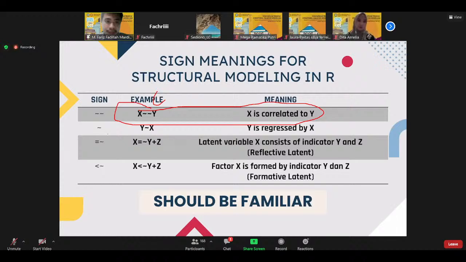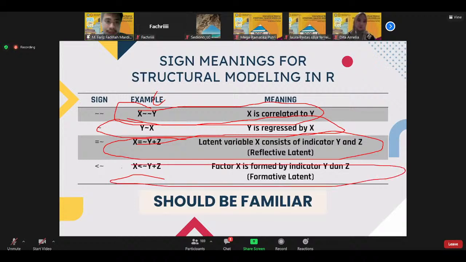And then this symbol means that Y is replaced by X. And the third one, latent variable X consists of indicators Y and Z, or reflective latent. And the last is factor X is formed by indicators Y and Z, or formative latent. It should be familiar when you use structural equation modeling with open source software R.